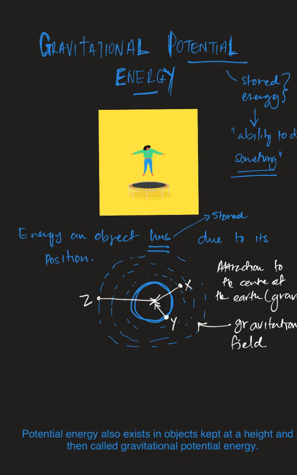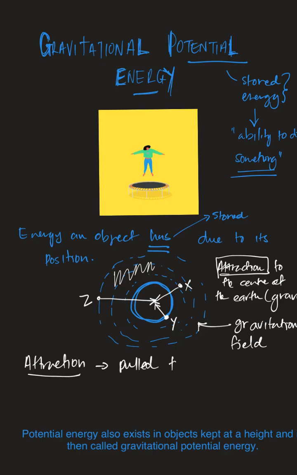And if I am within this field, if I'm in the zone here, that means I'm going to experience an attraction towards the center of the earth. So what does that attraction mean? What I mean by attraction, it means that you're going to be pulled towards it.